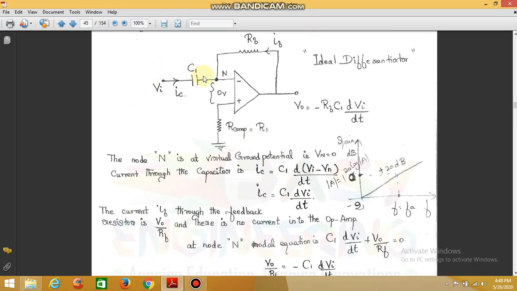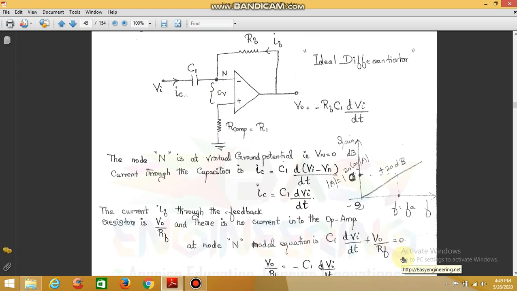When you apply nodal analysis at this node N, that is KCL, you get C1 dVi by dt plus V0 by RF is equal to 0. That is, the sum of input current will be equal to the sum of output current.